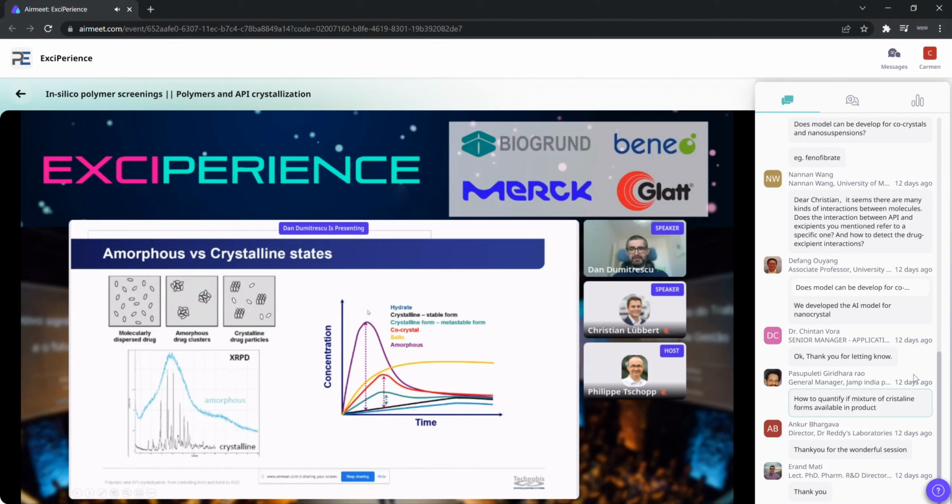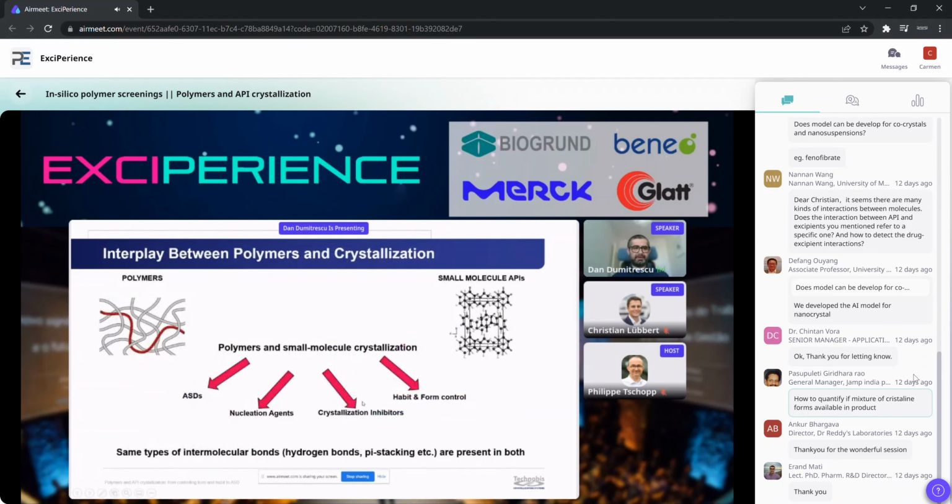Amorphous forms have, of course, the spring and parachute effect, while normal crystalline stable forms have a more gradual slope. And depending on your bioavailability requirements, of course, you're usually tempted to go for something with higher solubility, higher dissolution.